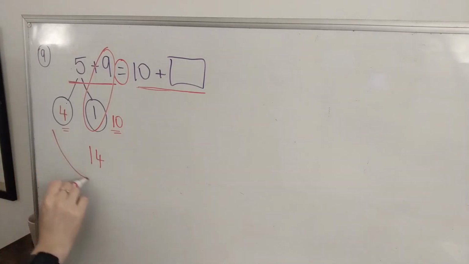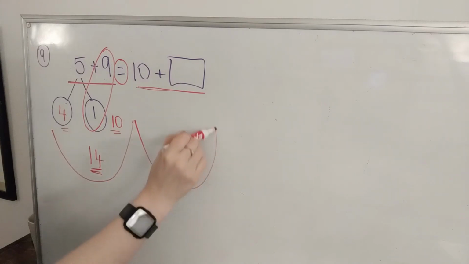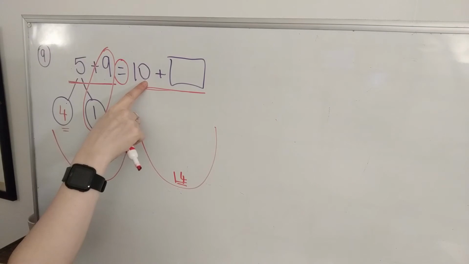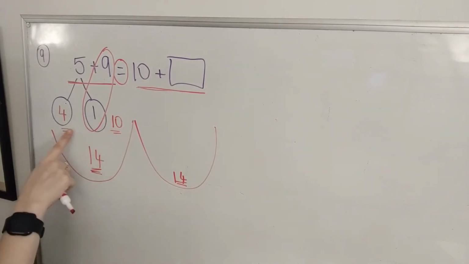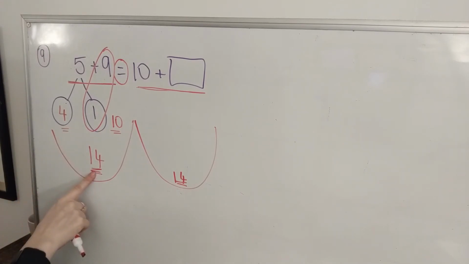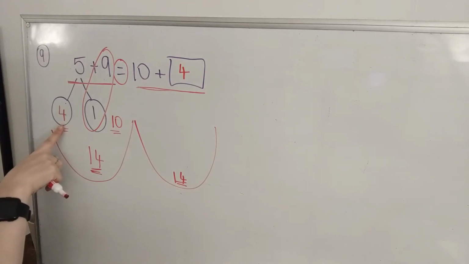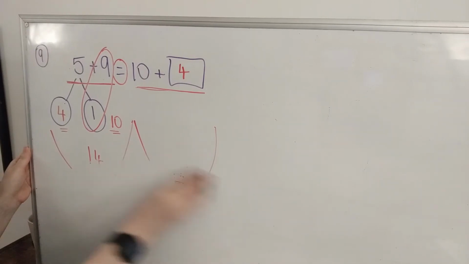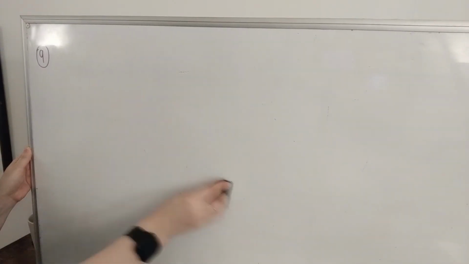So if this side of the equation is 14, what is this side of the equation? 14. 10 plus what gives you 14? 4. Just like the 4 right here. Easy peasy. We got this. Right? How are you doing? Hope you guys are doing great.